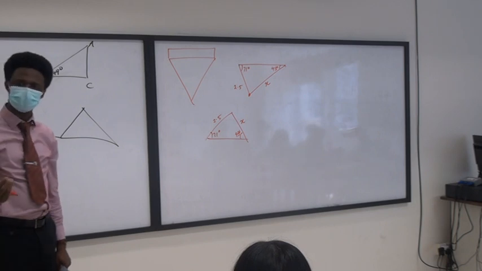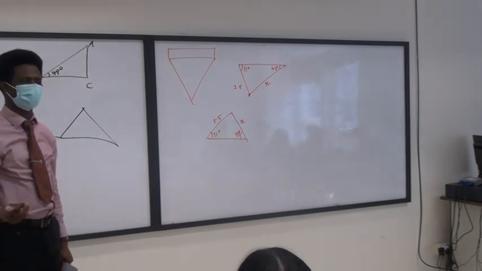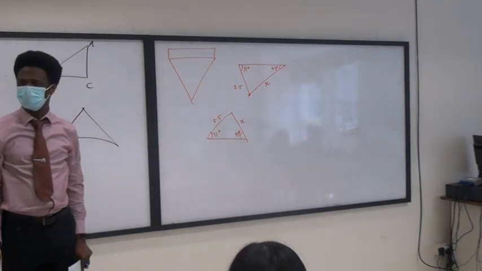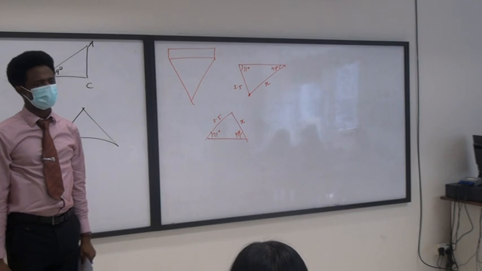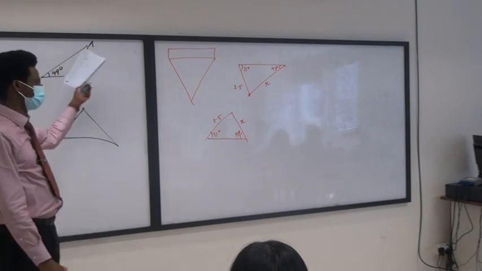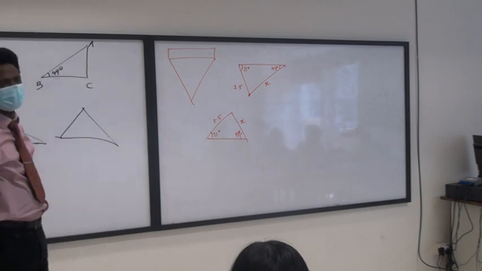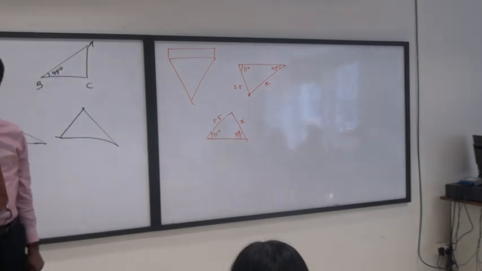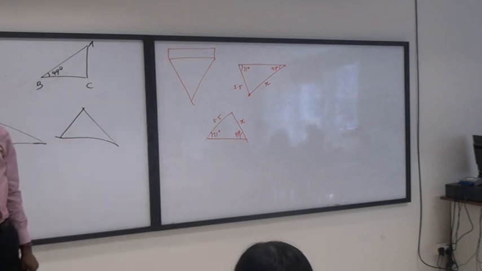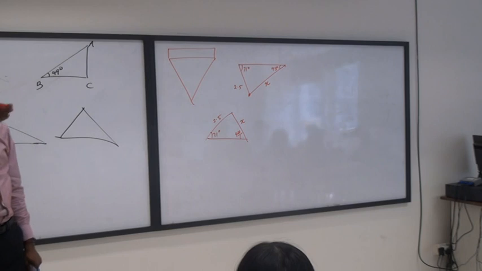And this is the nonchalant attitude I told you should not reflect in your paper. You just want to get an answer. You don't care if it makes sense. That's nonchalant attitude. Oh, it's a triangle. I'm just going to get x like everybody. X is 2.5. That's it. How does that make sense? Your result should be in the context.